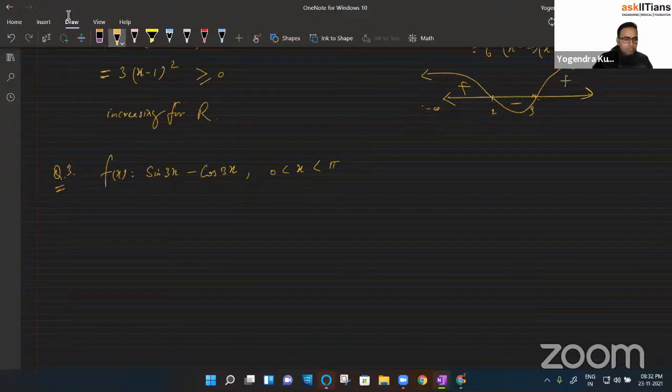So you need to find out the intervals in which it is strictly increasing and strictly decreasing. Find intervals for strictly increasing and strictly decreasing. First part, second part.